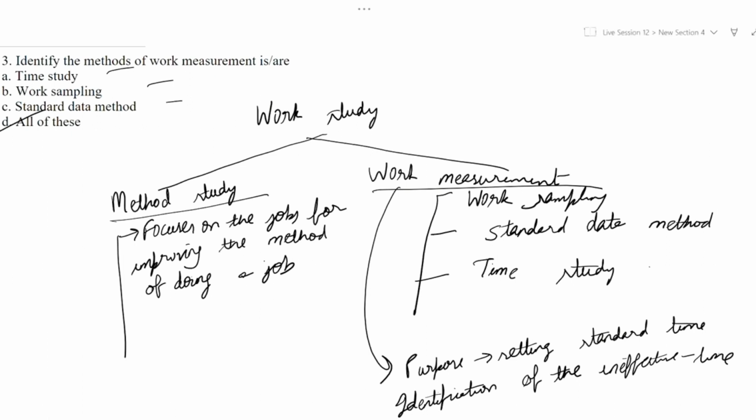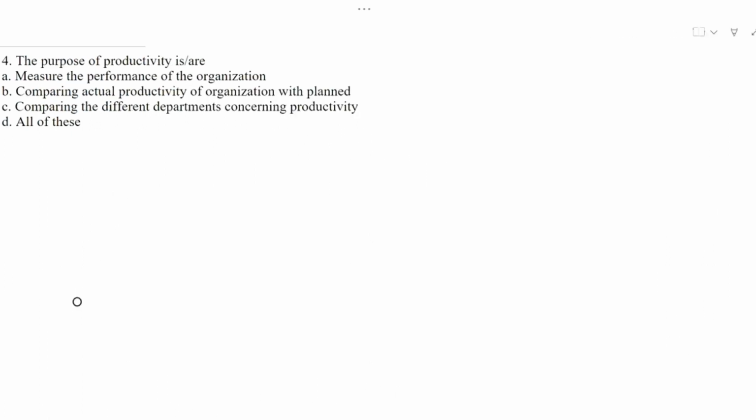Now the next question, the purpose of productivity in an organization is which of the following? So what is productivity?